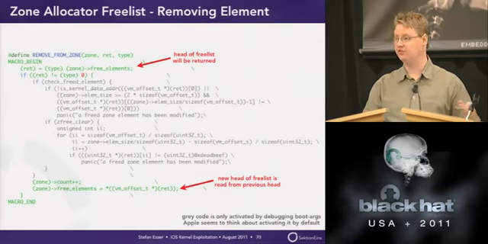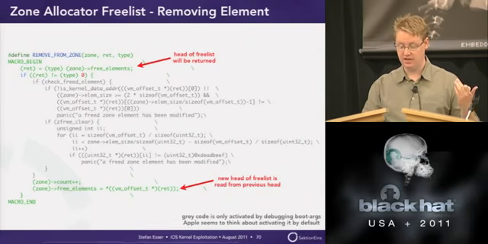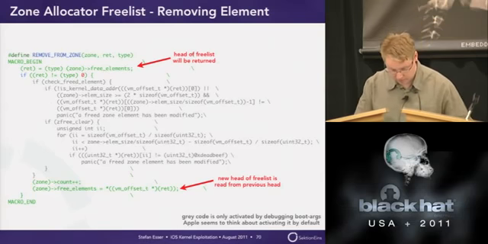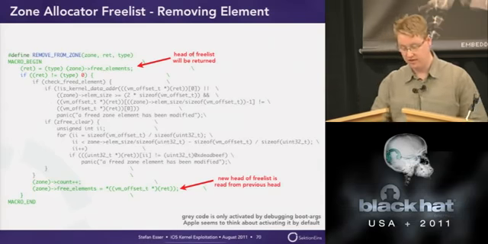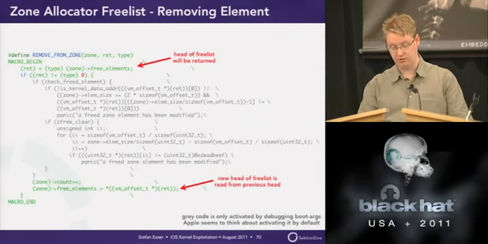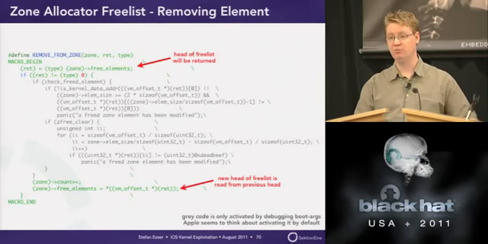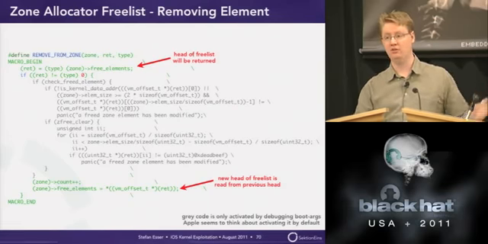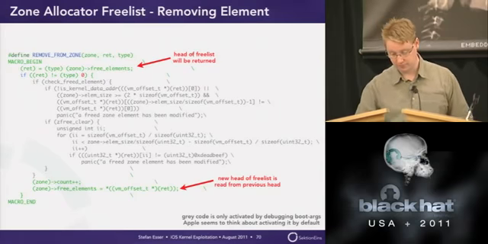Just look at the green stuff for a moment. In this case, you remove something from the zone, that means you allocate the memory. It looks up the current head of the free list and returns that. But before it returns, it takes the pointer to the next element in the free list from there and makes this the new head.